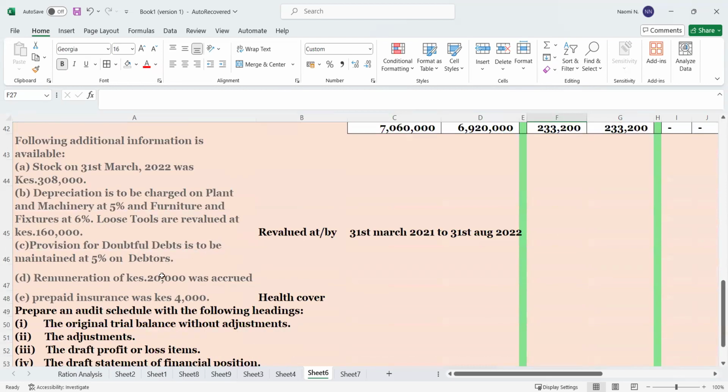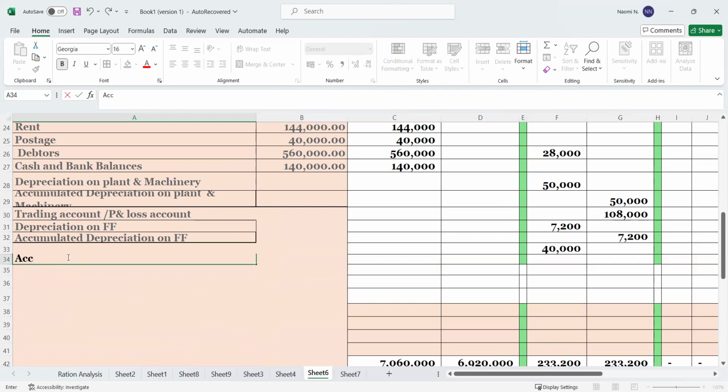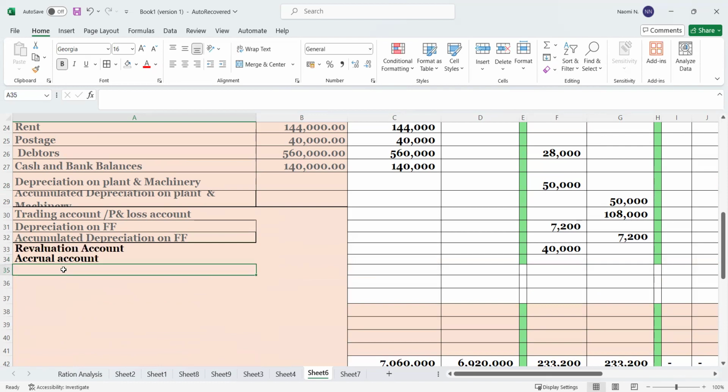We will continue. Remuneration was accrued, so we come here and create an accrual account, and also we will need a prepayment account.